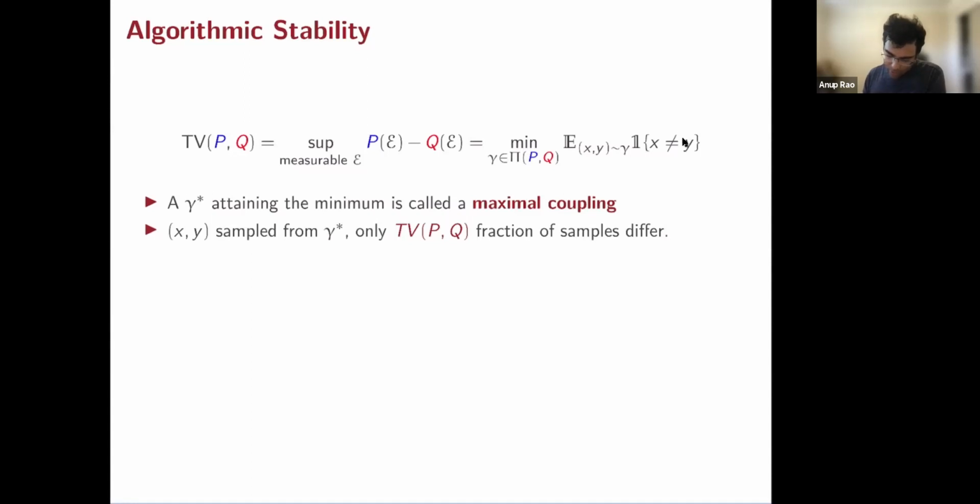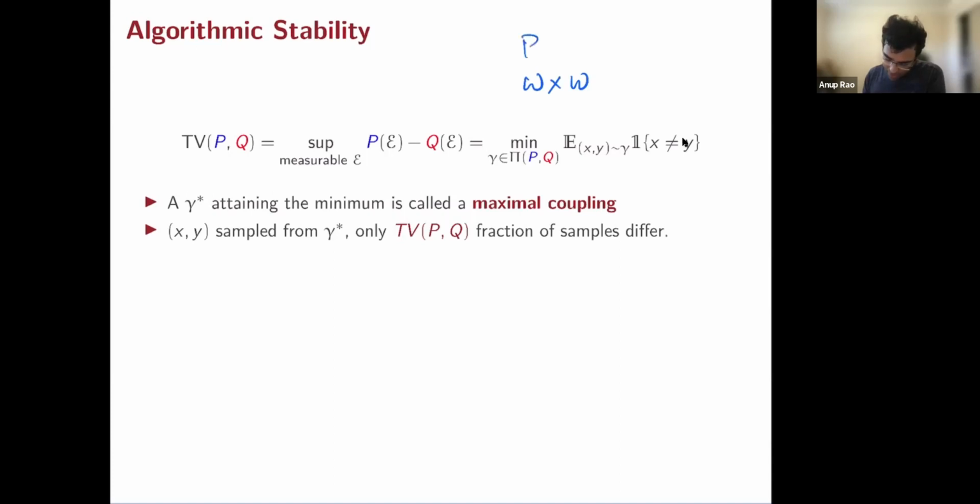Coupling is a joint distribution. In our case, say the model space is W. So the coupled distribution is a distribution on this product space W cross W, such that the marginal on any one dimension is equal to P or Q.